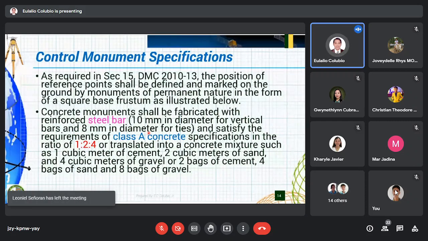Katong mga gihigot nga ipalibot sa imong vertical bars.